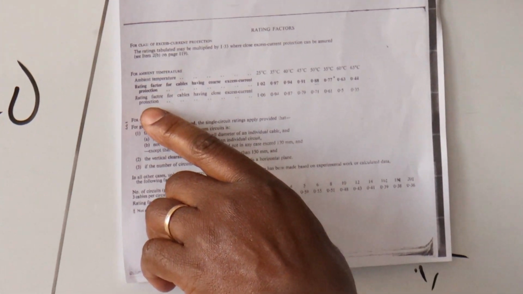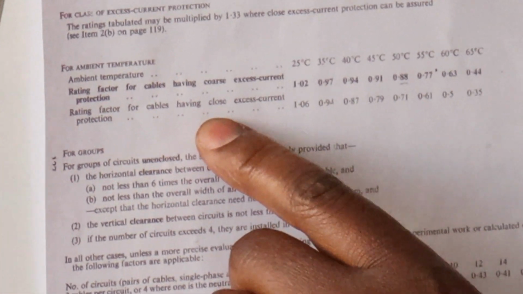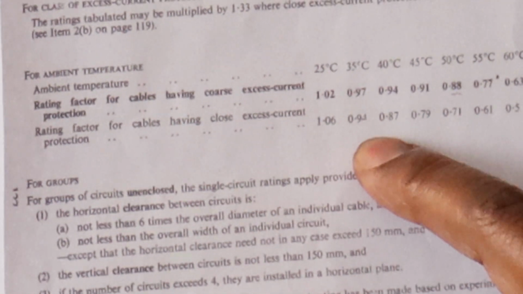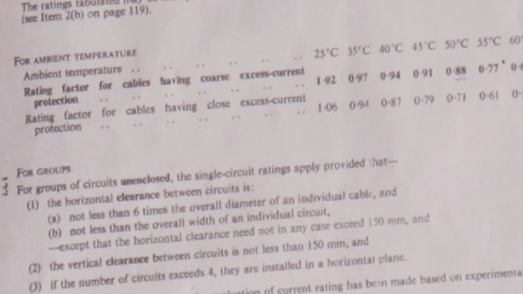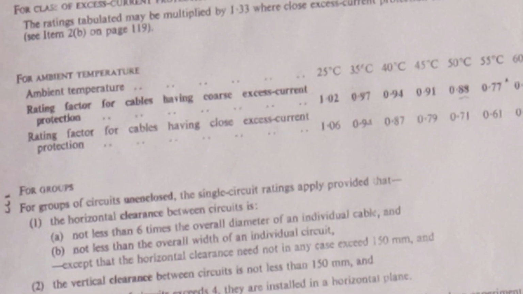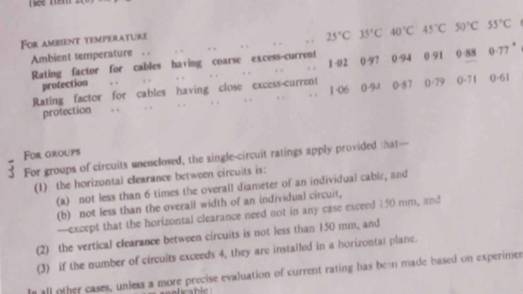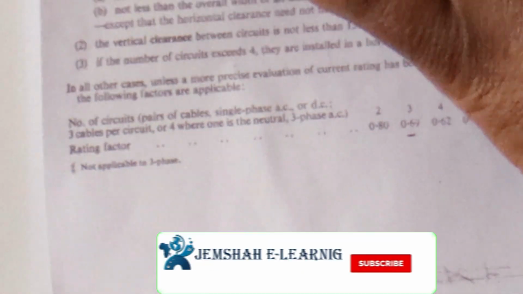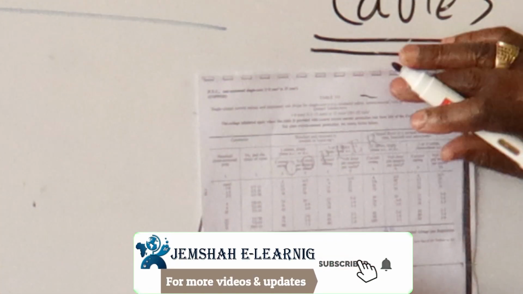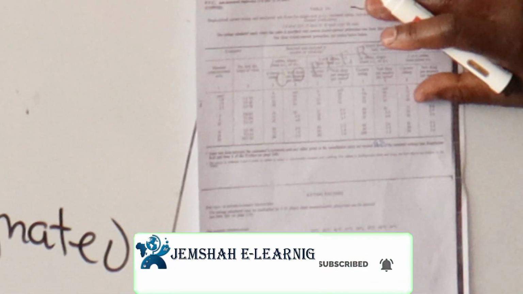For the close, I think the figures are slightly lower than for the coarse protection. And then down here, they have talked about the way the cables are installed. They have said they can be clipped direct, or they can be put in conduits or trunking.